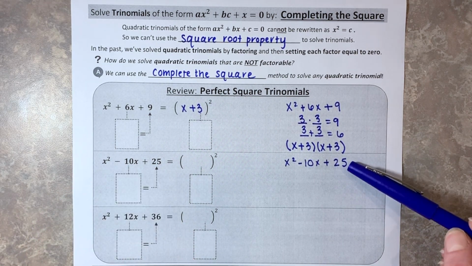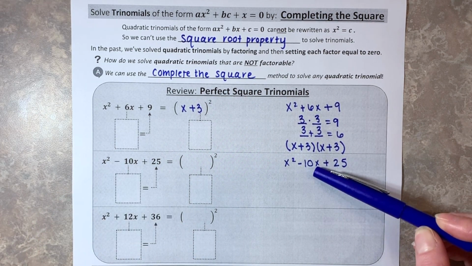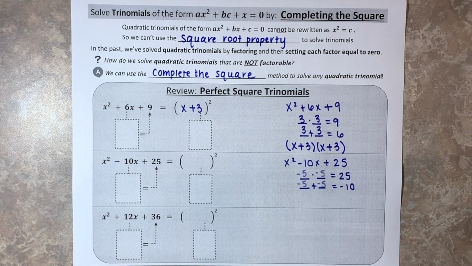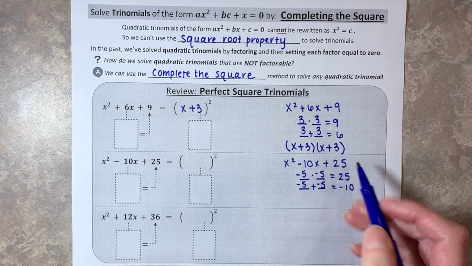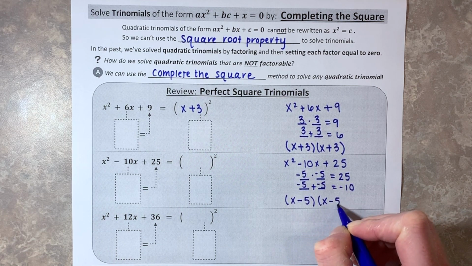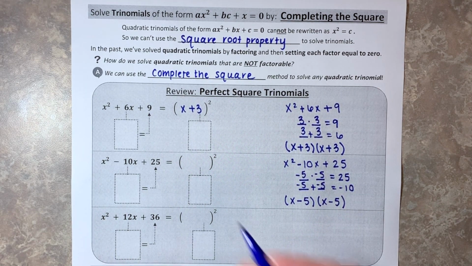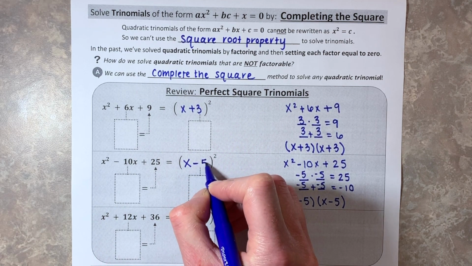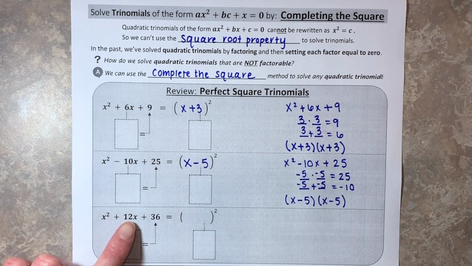We need two numbers that multiply to give us 25, and those same two numbers have to add to give us negative 10. And the two numbers that work there are negative 5 and negative 5. So that means we can factor this trinomial as x minus 5 times x minus 5, or if we write that in condensed form, we can write it as x minus 5 squared. And let's factor this one as well.